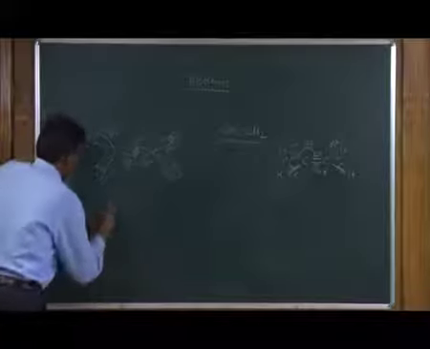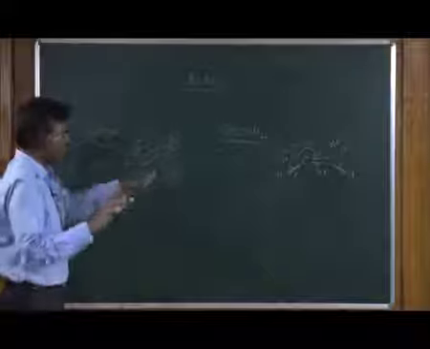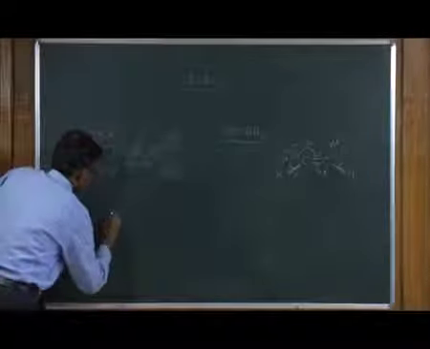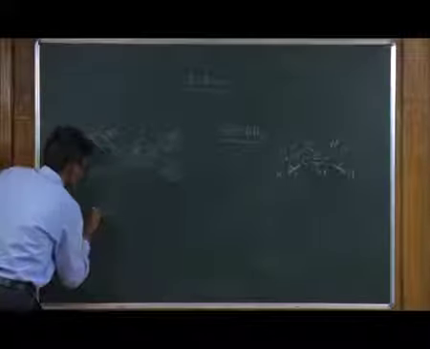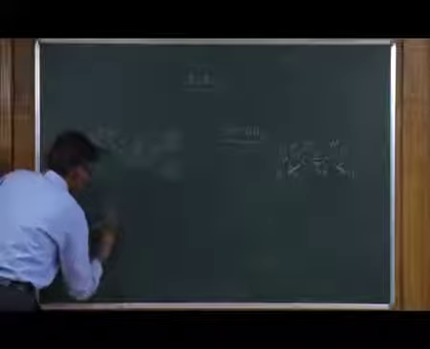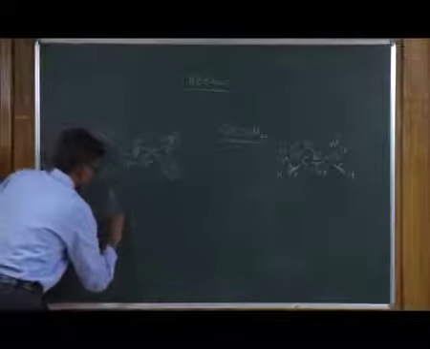So, the pi bond formation takes place like this. On the plane, all the atoms, carbon and 4 hydrogen atoms, and perpendicular to that you have pz orbital.